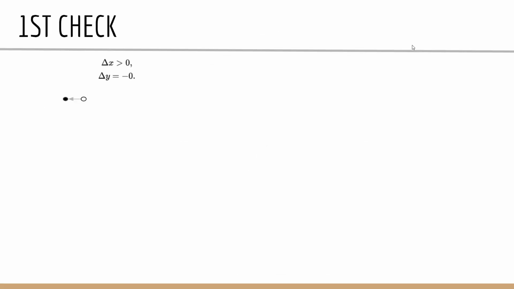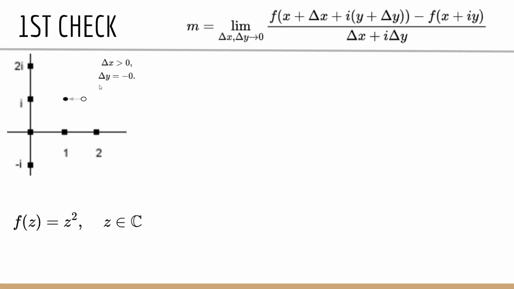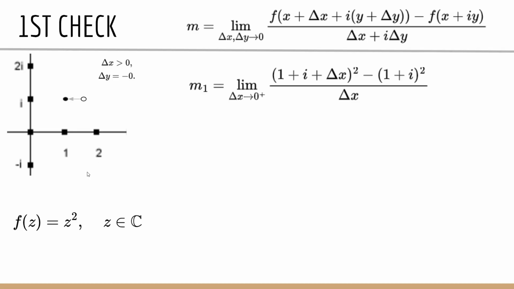Now let's break down our question. Let's check this direction of approach. This is an example where delta x is greater than 0 and delta y equals 0. So you approach the point from a positive real direction, and the imaginary part doesn't change.